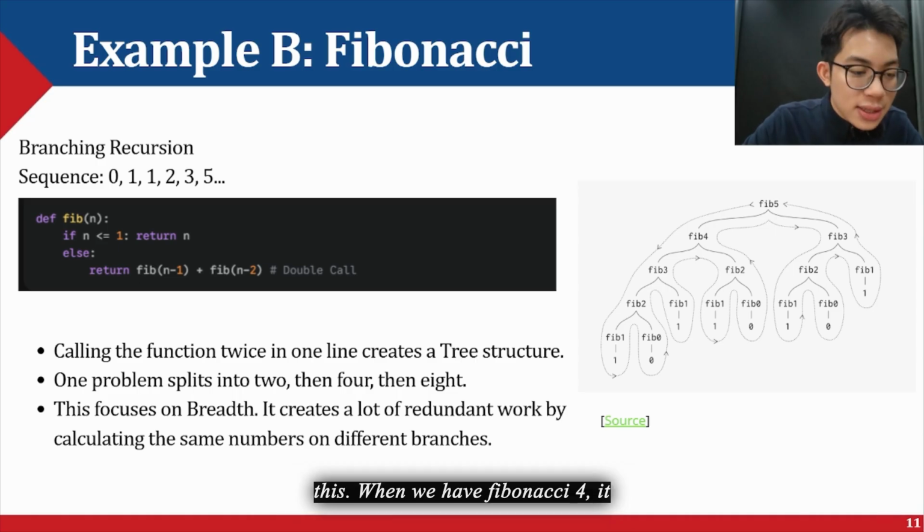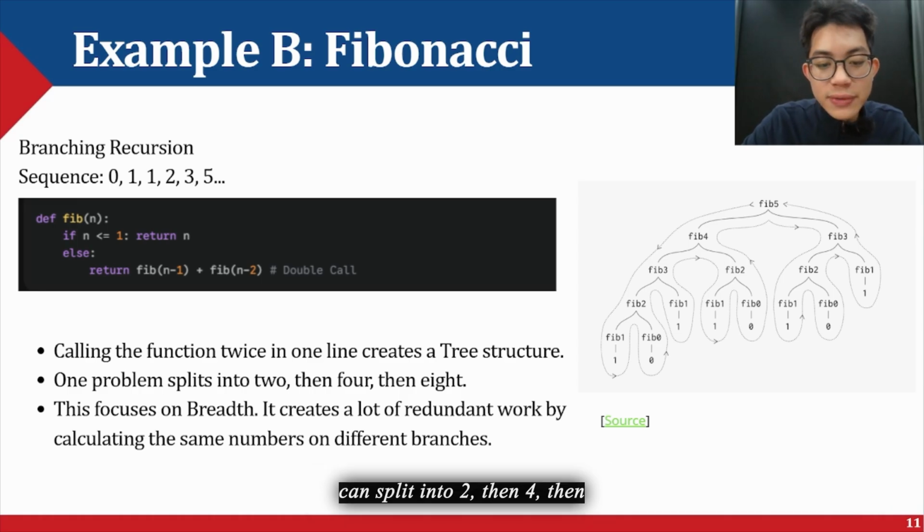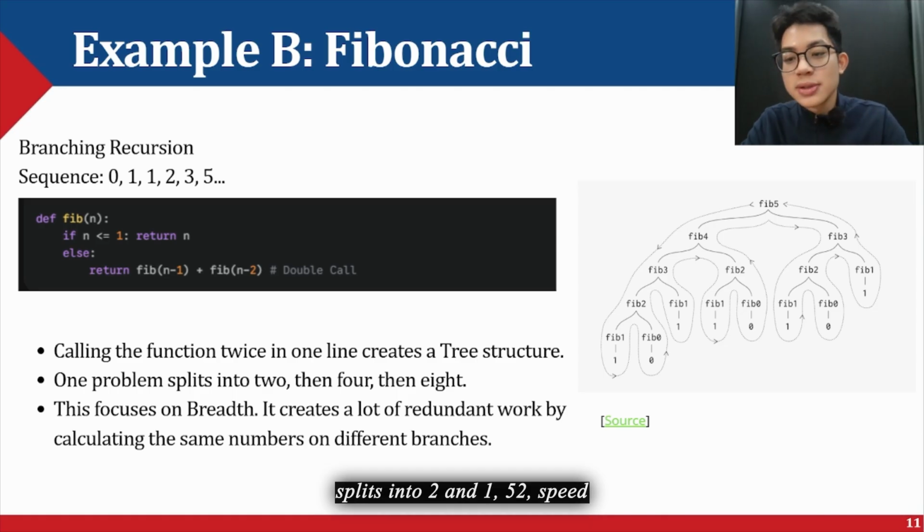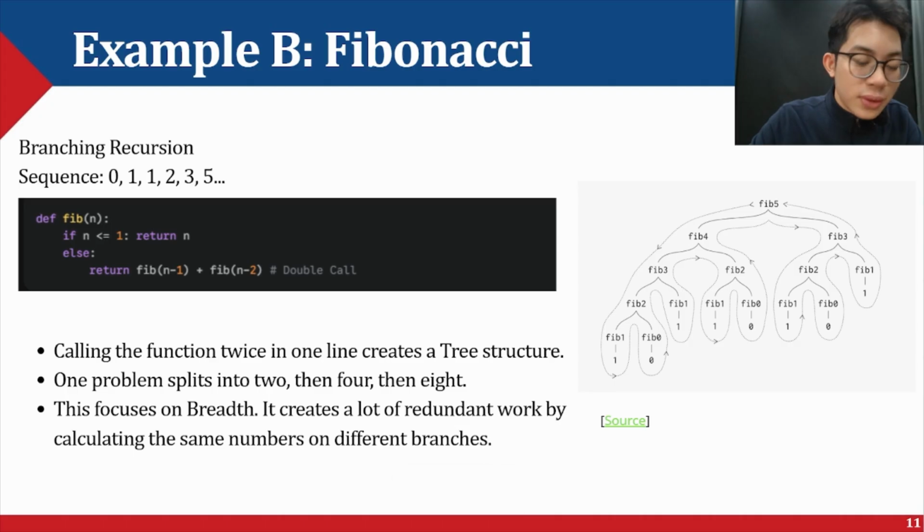To imagine this, you guys, when we have Fibonacci 4, it can split into Fibonacci 3 and Fibonacci 2, and Fibonacci 3 splits into Fibonacci 2 and 1, and Fibonacci 2 splits into 1 and 0.